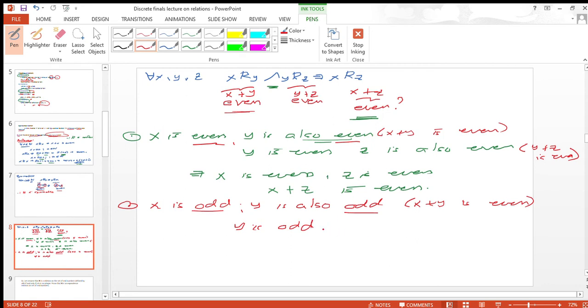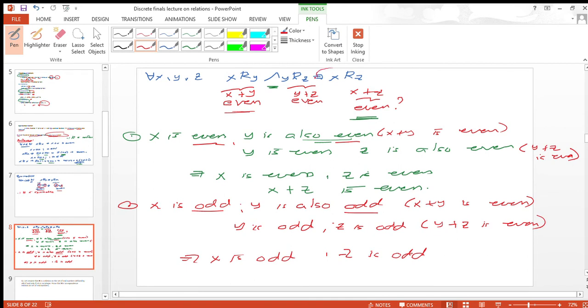Therefore, z is also odd. So that we get y plus z is even. Okay, so this means that we would like to verify. So anong lalabas? X is odd and z is odd for this, di ba?